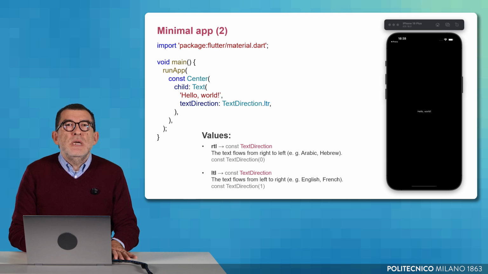The issue here is simple but important. While you are used to reading and writing text from left to right, many languages flow right to left. Flutter is built to support both text directions, but if we don't specify one, the app doesn't function as expected.